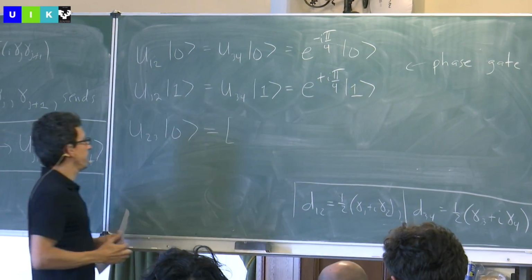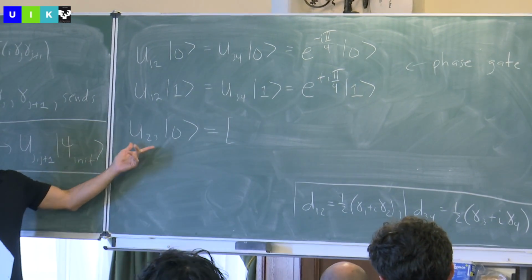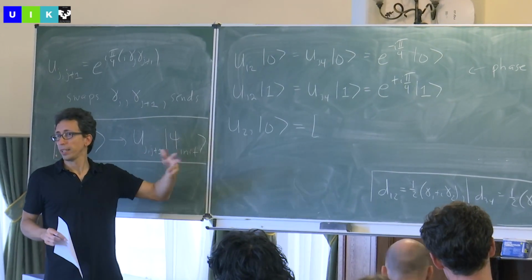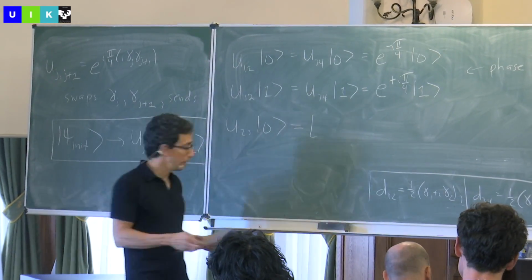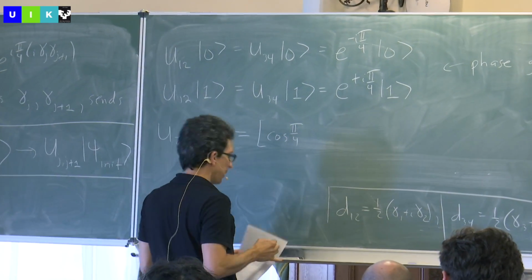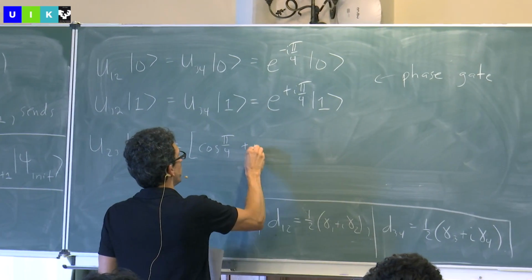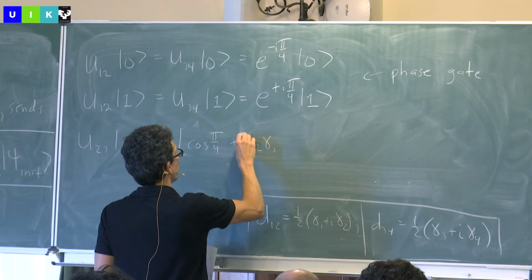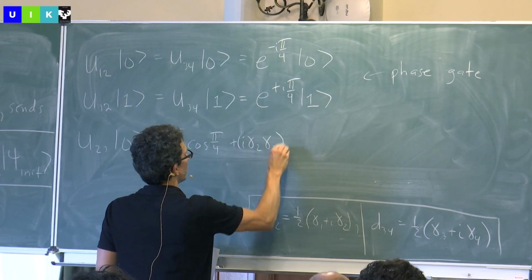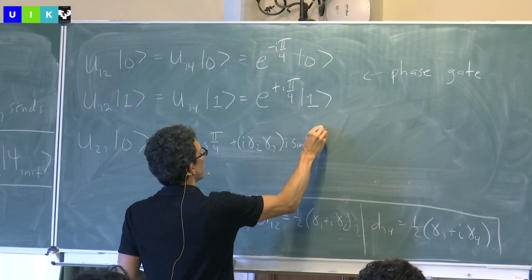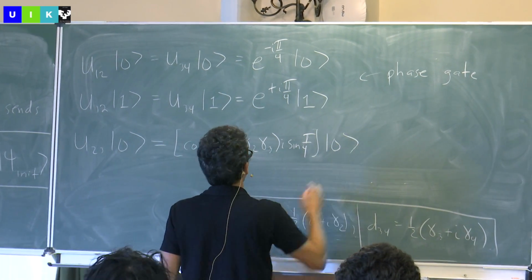All right, so here at least as far as I know, I have to use this cosine plus i sine formulation of that U23 operator. So let's write it explicitly as cosine pi over 4 plus i gamma 2 gamma 3 times i sine pi over 4, acting on 0.